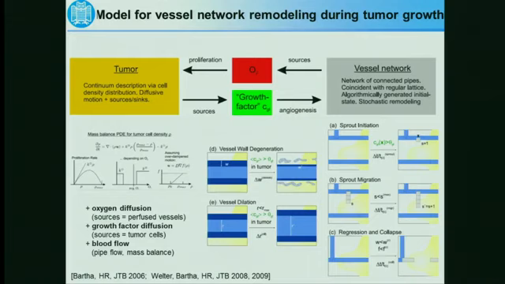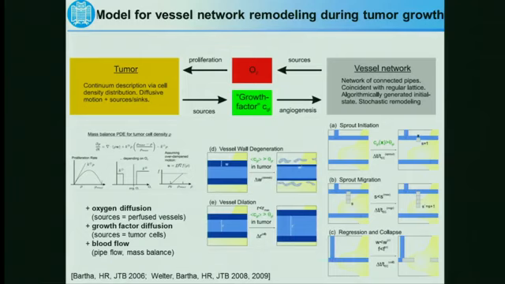It's essentially a nonlinear growth process, with proliferation and death rates which depend on oxygen concentration, pressure and things like this. And then there has to be communication between these 2 units. Essentially, the tumor talks to the vessel network via the concentration field for the growth factor.